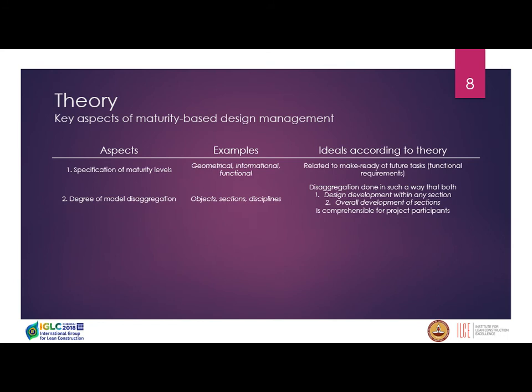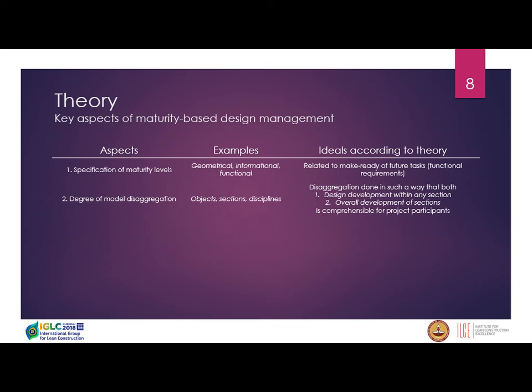The second aspect is a little bit more complex. Up until this point, we've only been discussing the development of individual objects in the BIM, but as many of you might know, construction projects can be quite large and include so many objects that keeping track of the maturity of all of them doesn't really benefit the manager in terms of sound approaches to planning and control, because the sheer amount of maturity information becomes incomprehensible to use to identify the relevant interdependencies between the designers that the managers are trying to manage, so to speak.